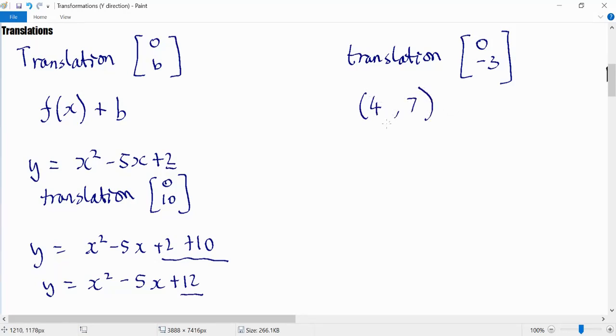Well, first thing to point out is the x coordinate doesn't get affected at all. All y direction transformations only affect the y coordinate. And all that happens is we literally subtract 3 from the y coordinate. So after the transformation, it would just become 4, 4, because 7 take away 3 is 4. So that's all there really is to it as far as y direction translations go.